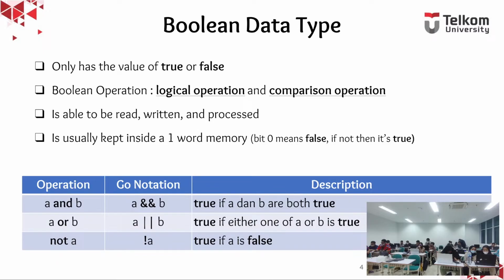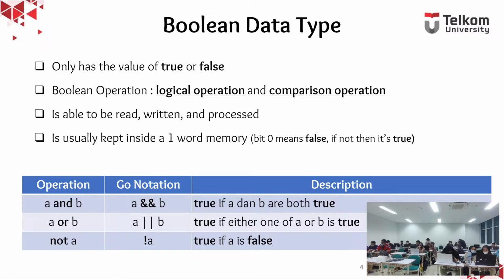First, we will learn about the Boolean data type. Boolean consists of two values, true or false. We define one variable, and then it should have either true or false.